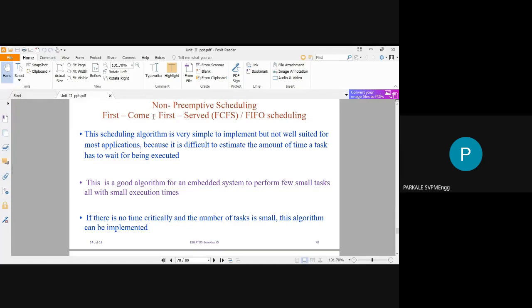That is the problem. Then when do we use this algorithm? Whenever the number of tasks is small and their execution time is also less, in this scenario you can use the first come first serve algorithm. Also, if there are no time critical events involved, then also you can use this algorithm.